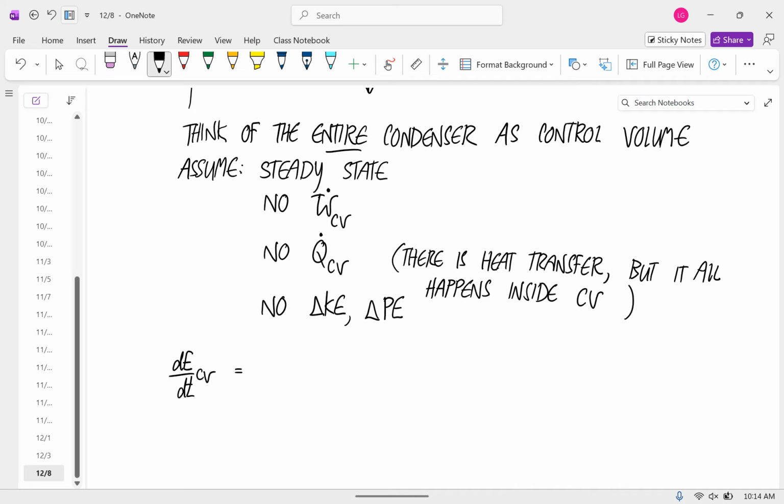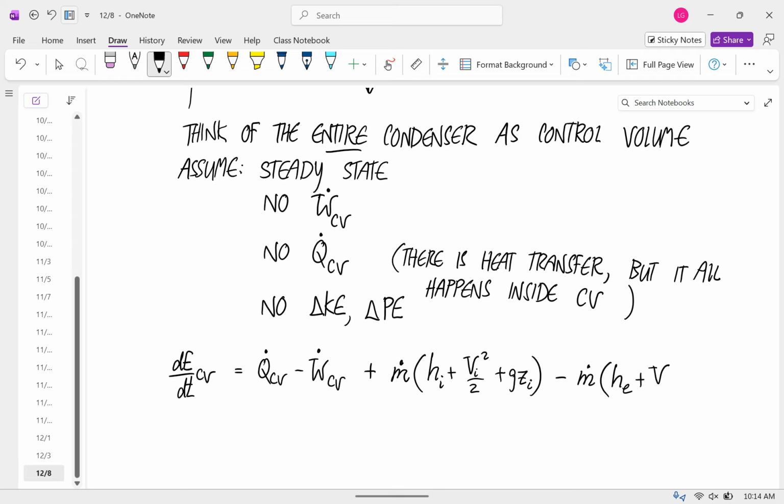So dE/dt is equal to Q dot minus W dot plus, I'll just write this as m dot because it's steady state, times the quantity h_i plus V_i squared over 2 plus g z_i, minus m dot times the quantity h_e plus V_e squared over 2 plus g z_e.